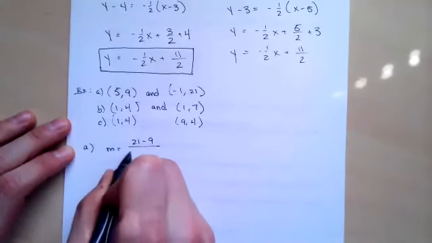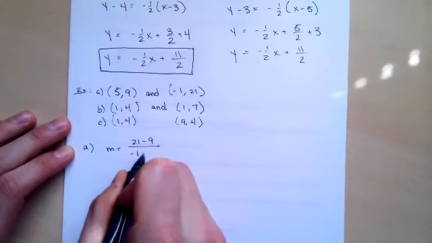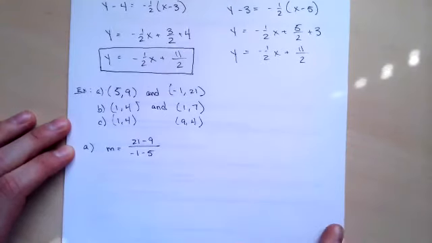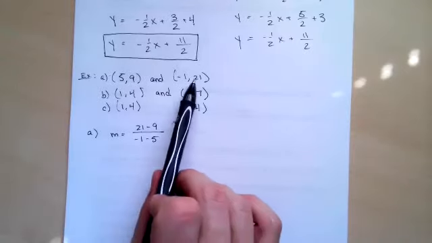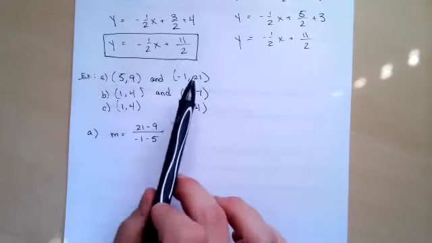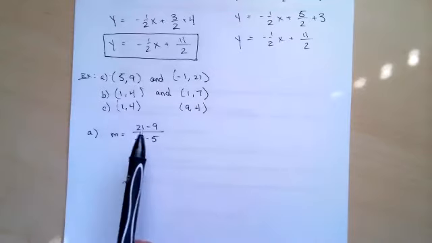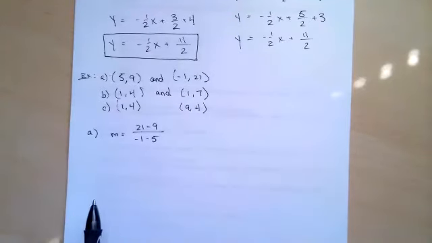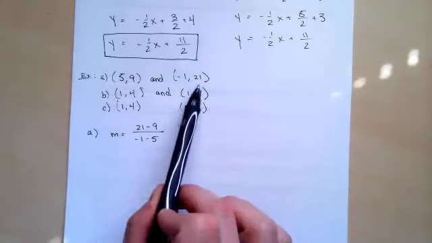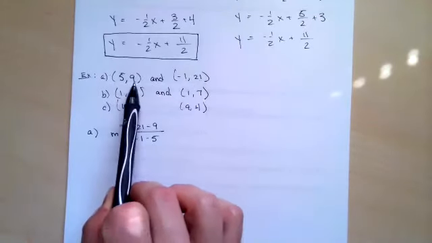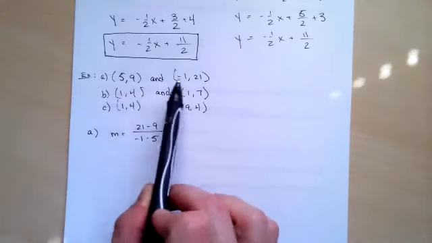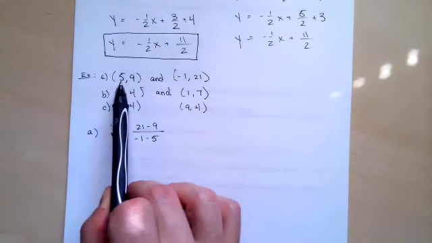So our change in y over change in x in the first case will be 21 minus 9 divided by -1 minus 5. Be sure to make sure you're keeping those in the same order as the numerator and denominator. So for example, my y values, I picked this y value to start with. So I have to do 21 minus 9. That means in the denominator, I have to do that x value minus that x value.